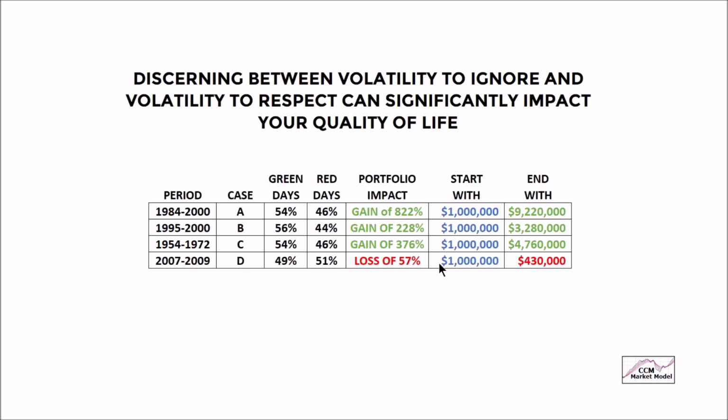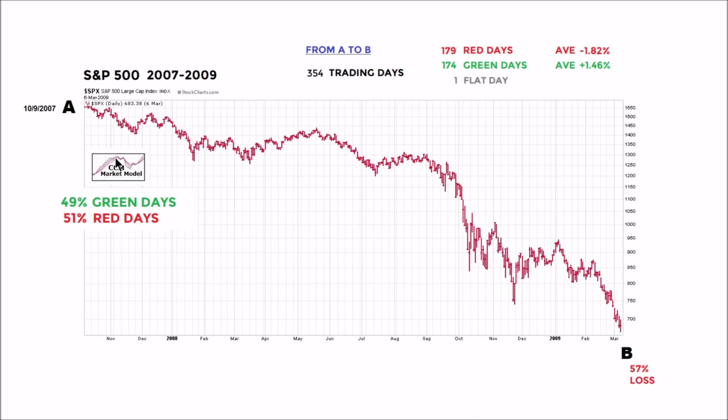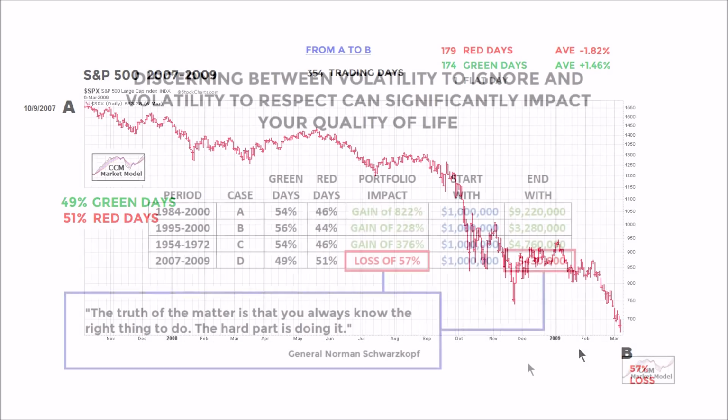My $1 million would have turned into $430,000. And that's why we're constantly asking the question, does it look like a normal pullback within the context of an ongoing uptrend, or does it look like something more ominous where we may be rolling over from a primary uptrend to a primary downtrend?